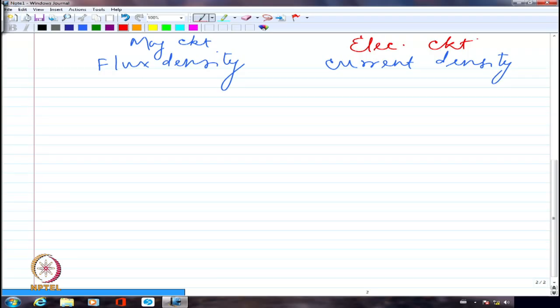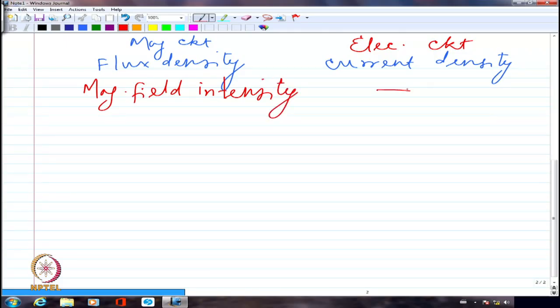If I am looking at magnetic field intensity, here there is no corresponding quantity, although one of your classmates mentioned that electric field is volt per meter, so we should be able to say that as an equivalent quantity. Invariably, we talk about electric field only in electrostatics. Hardly ever do we talk about it when we talk about current electricity.